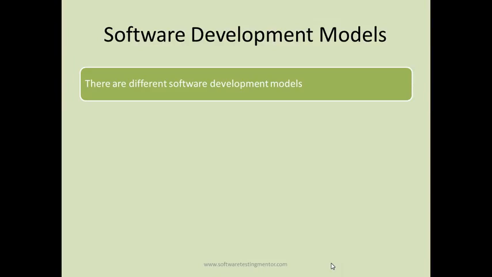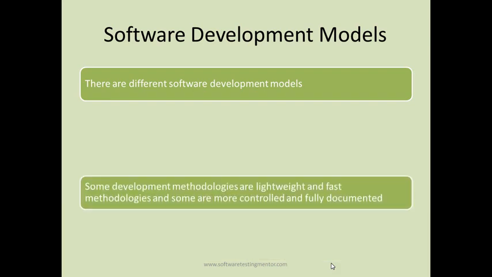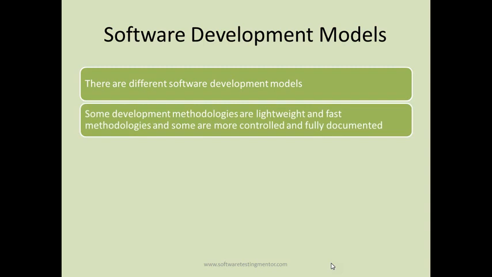Then there came a few more development models like iterative development model, which has rapid application development and agile programming. Agile is the latest one nowadays. Some development methodologies are lightweight and fast, and some are more controlled and fully documented.